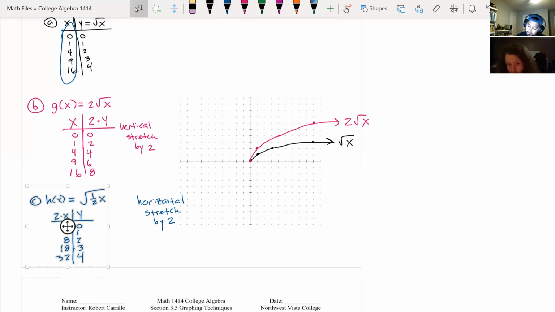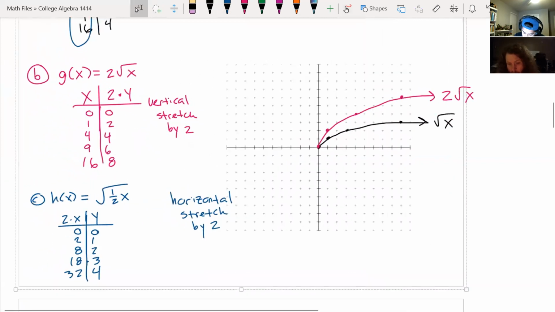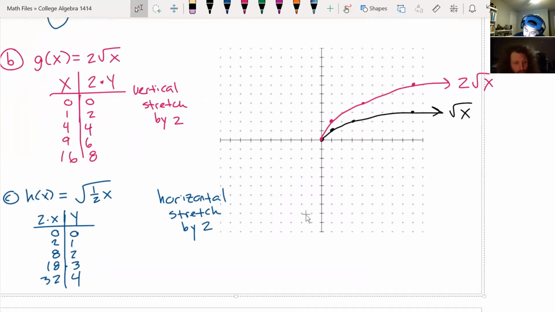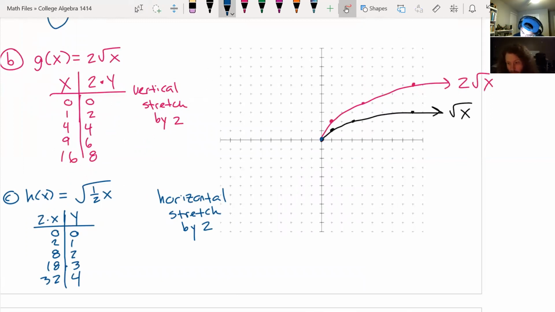There we go. And now we can graph. So zoom in a bit. There we go. And then 0, 0, 2, 1, 8, 2.